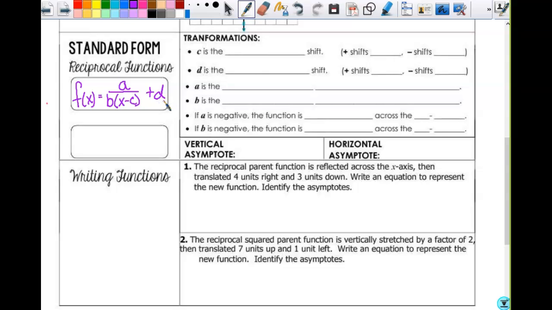And a, b, c, and d do the same thing as a, b, c, and d did before. And then for my squared function, I'd get a over b times x minus c squared plus d.